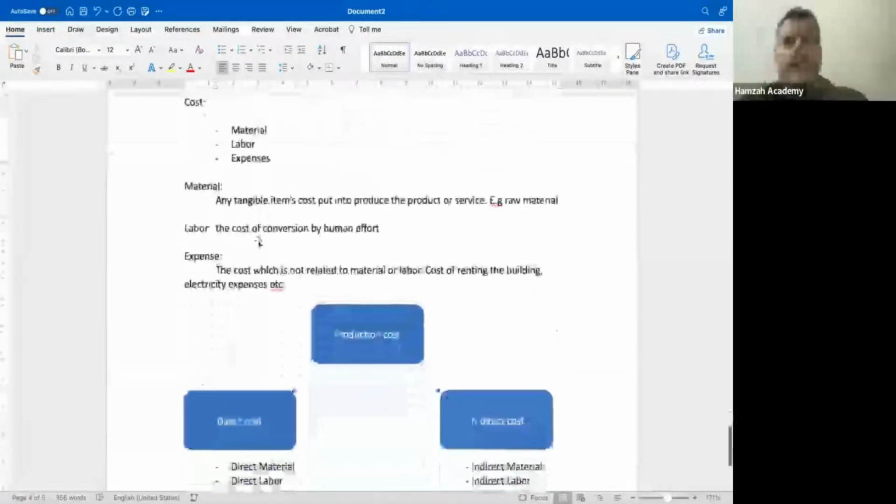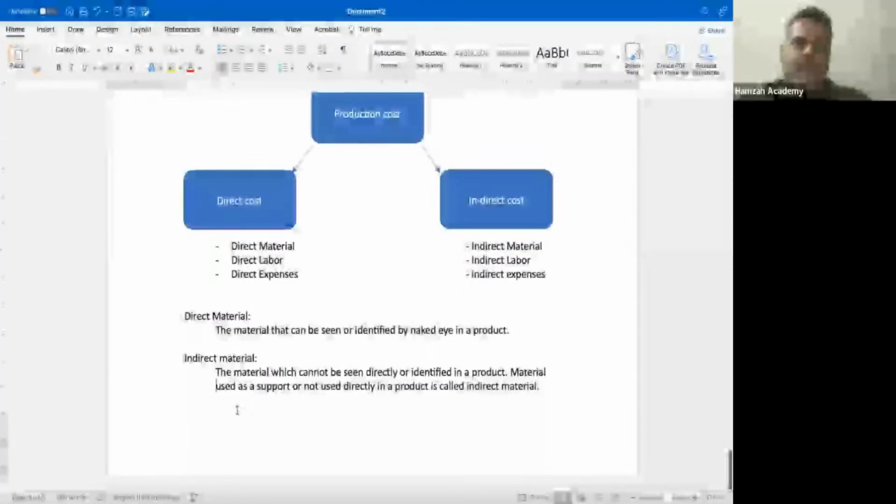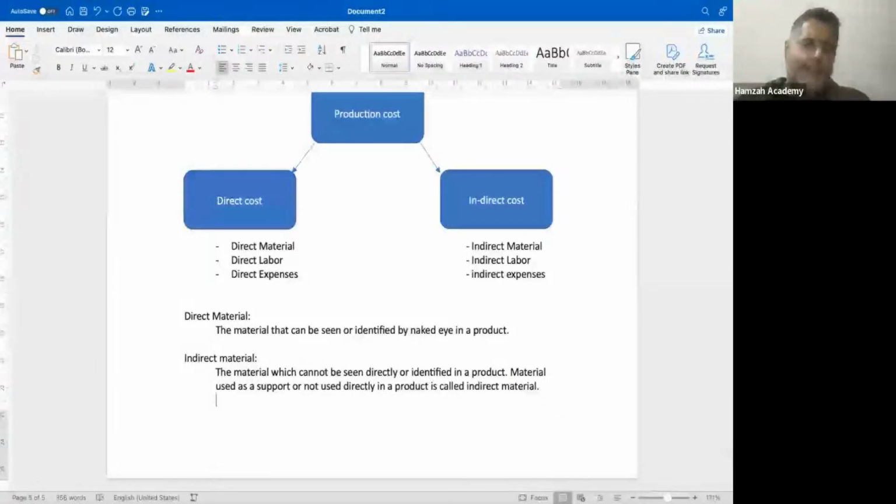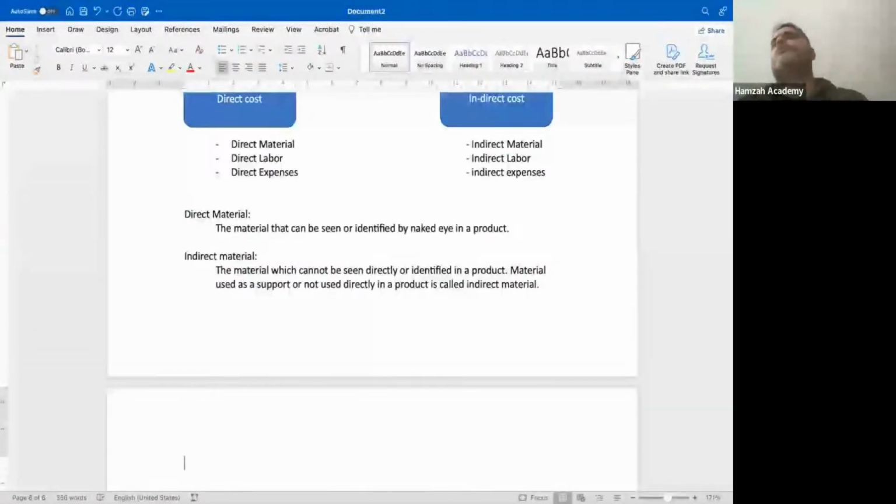So that is why we segregate the material into direct and indirect. The direct material is the material whose cost can be directly attributed to the product. The indirect material cost is not as such attributed, as far as the material is concerned, right? So that is what direct and indirect material is.